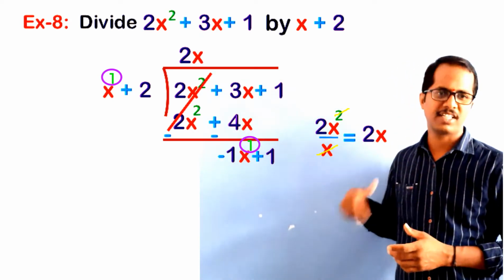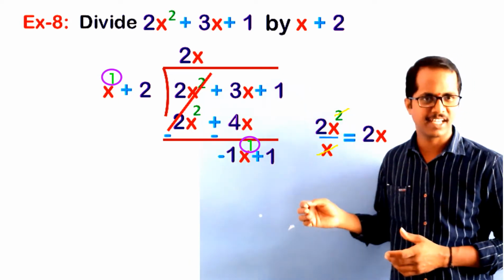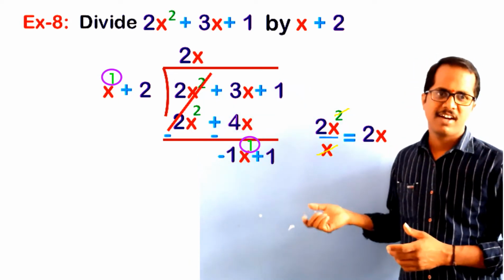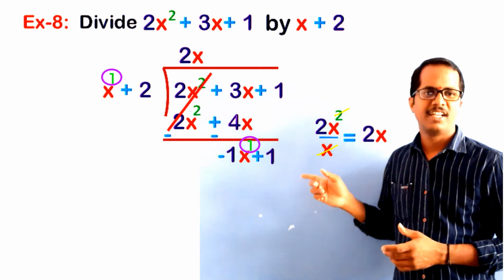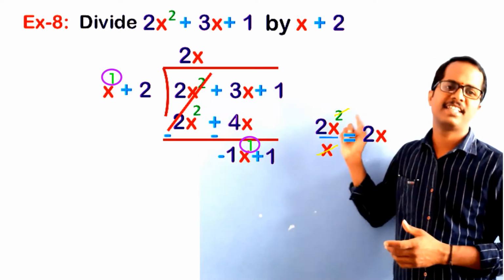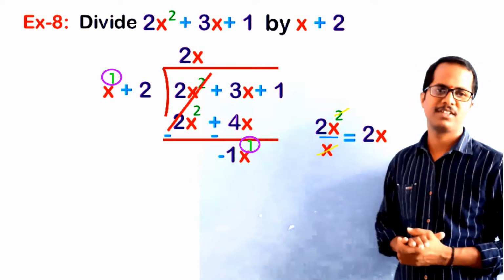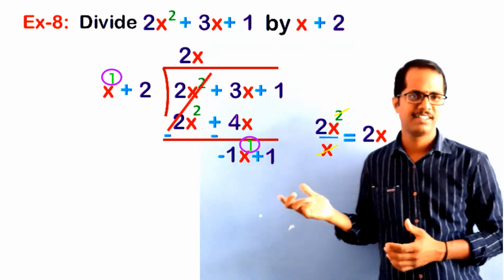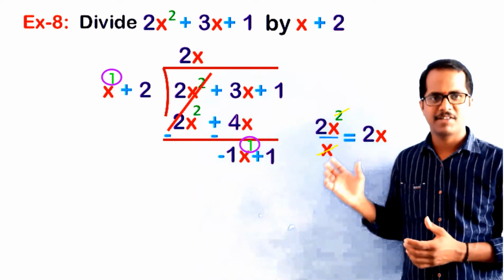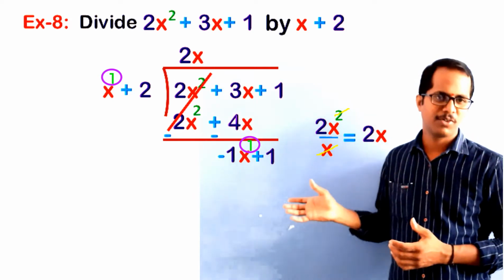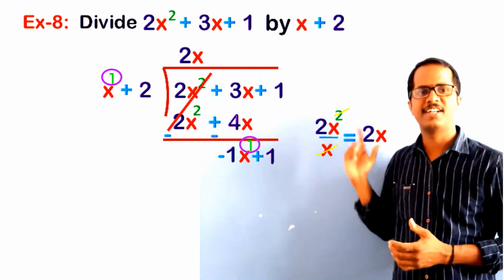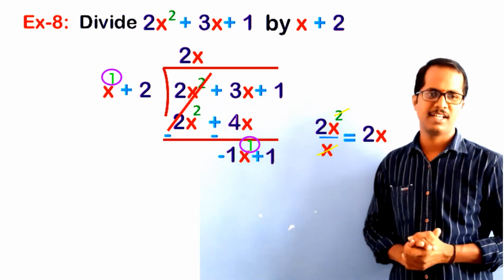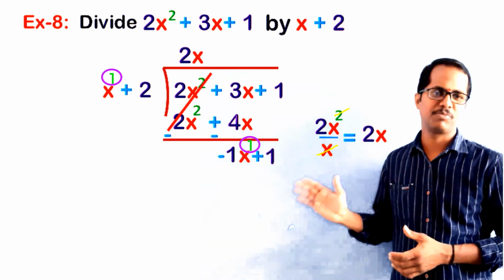We continue this process until we get the remainder 0, or the degree of the remainder is less than the degree of the divisor. Only then is the division process said to be completed.